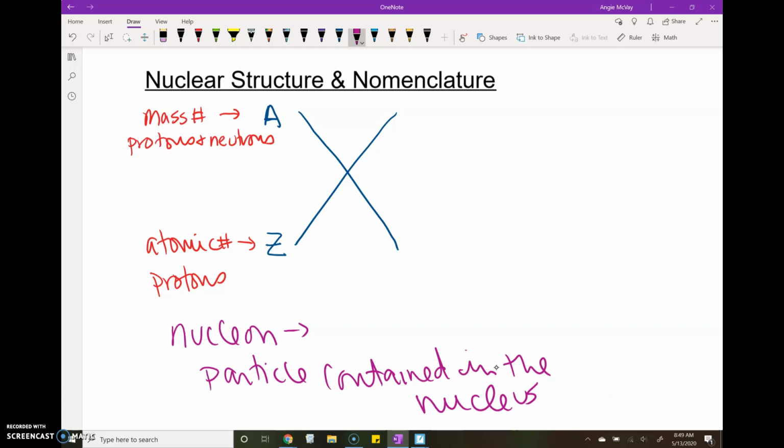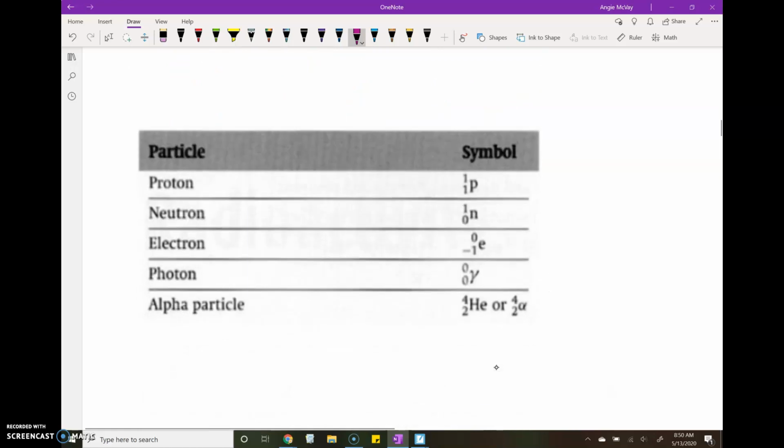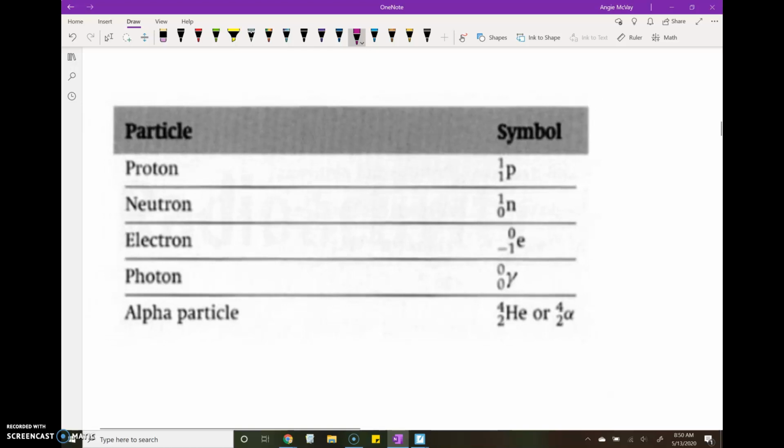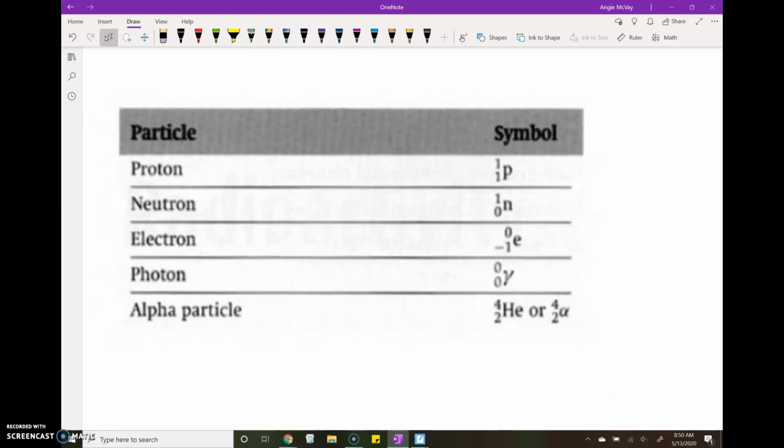All right, so next let's take a look. This is how we can represent atoms, but we can also use this to represent individual particles that exist within an atom. So I want to give a graphic for some common ones here. Sometimes we're just talking about a proton, right? So we could write P as the abbreviation for a proton, and then a proton is 1 nucleon, and it is 1 proton, so you'd write it like that.